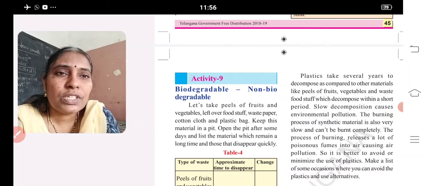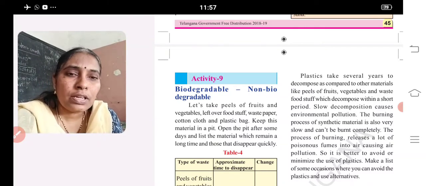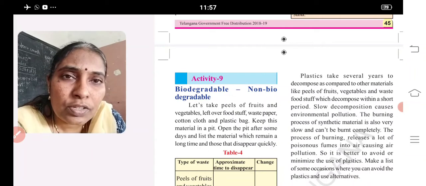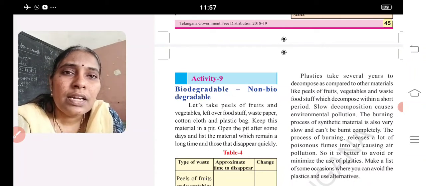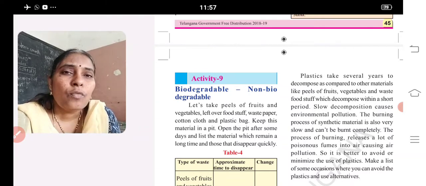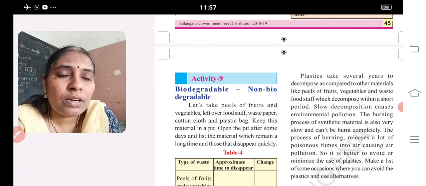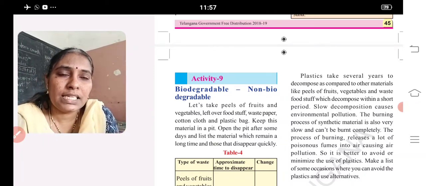Buy plastic which has a recycling code, so that after using we can give it to others, or else it can be recycled into new products. Recover. Now government and non-government organizations are taking a decision that plastic when burned releases some harmful gases, but if it is burned in a processed manner, it is useful to generate electricity. So by following the 4R principle, we can save our environment and minimize the use of plastic.